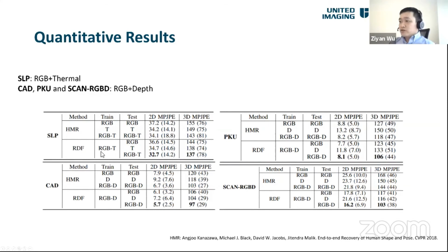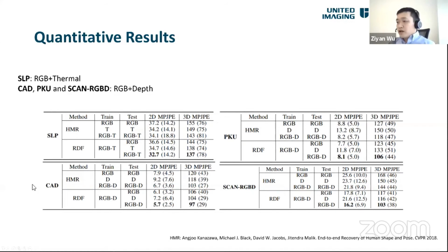For example, here, the model is trained with RGB and thermal, and we evaluated the results when only RGB is available or only thermal is available. And still the performance is very comparable to HMR when both RGB and thermal are available.